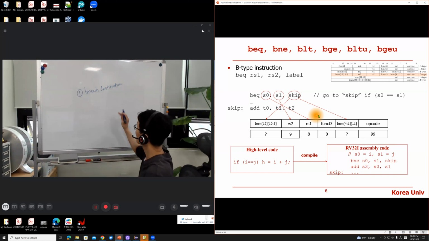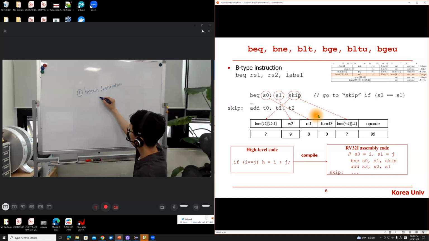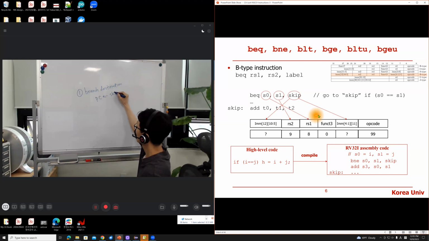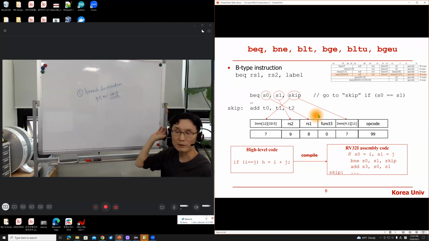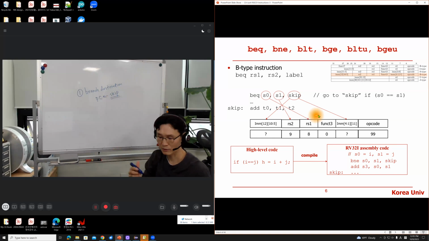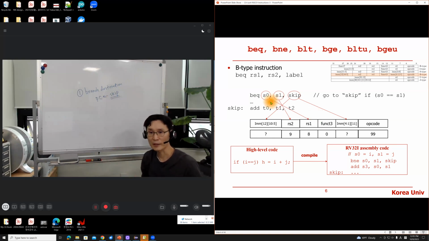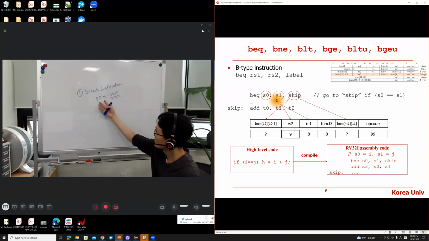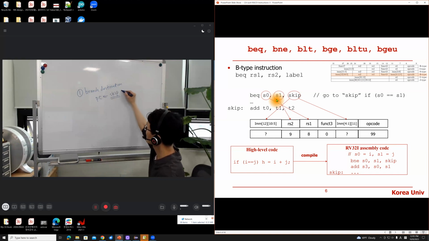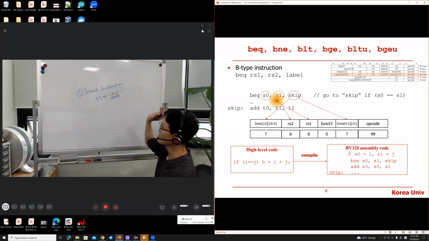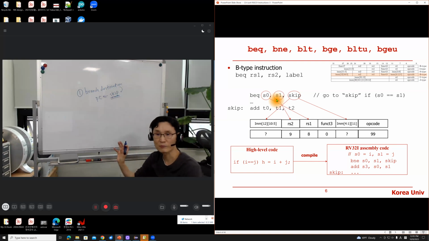Because a branch instruction is trying to update the program counter with that memory location, depending on the condition. If the condition is met, if S0 is equal to S1, then you want to set the program counter to this label skip. So the branch destination is the location of this label skip. So the CPU should compute the branch destination.